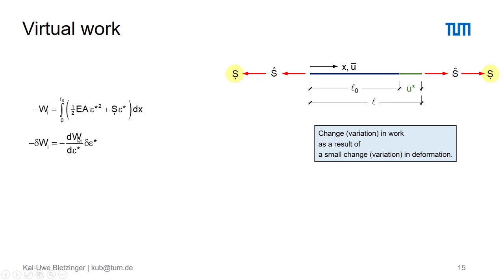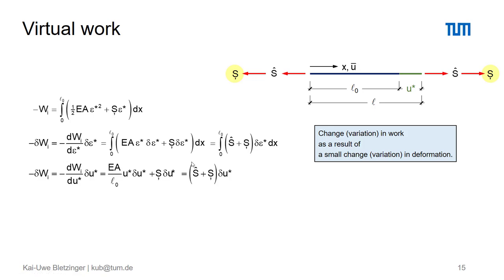We take the derivative of Wi with respect to epsilon star, what you see here, and post-multiply that by the variation of epsilon star. Taking the integral of the strain over the x, we receive the change of the tip displacement delta u.